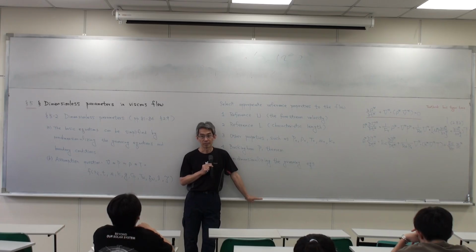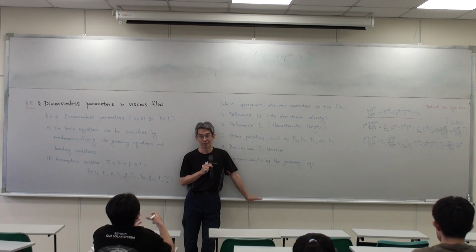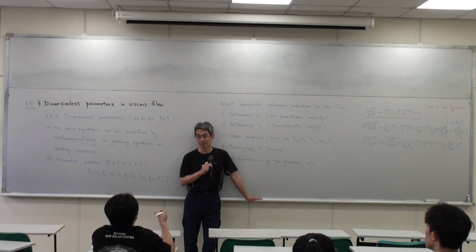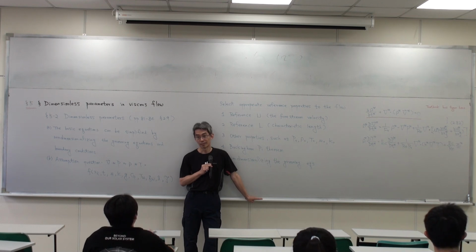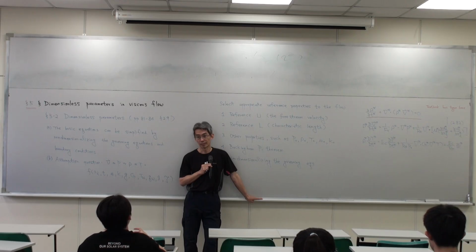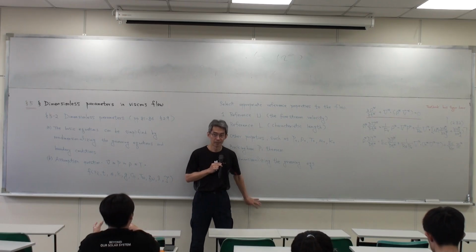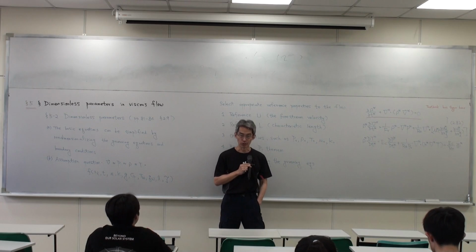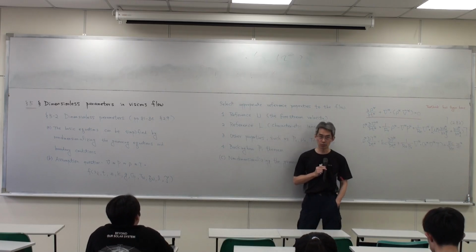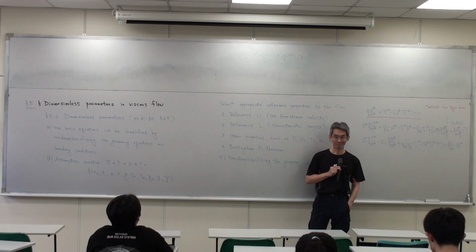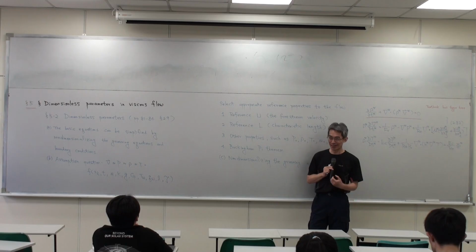We can save money in building the experiment, because with the dimensionless parameters we don't need to build a huge one. So we can just reduce the size. But sometimes we want to increase the size, because if something is very small, we cannot do the experiment at that small scale, so we enlarge it.